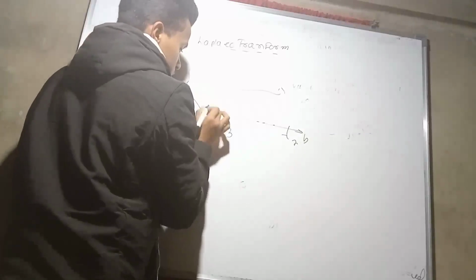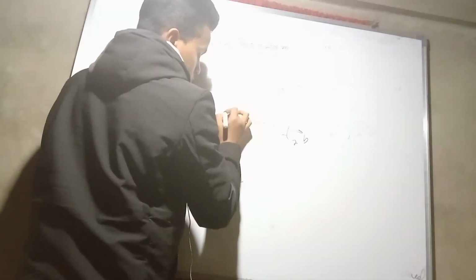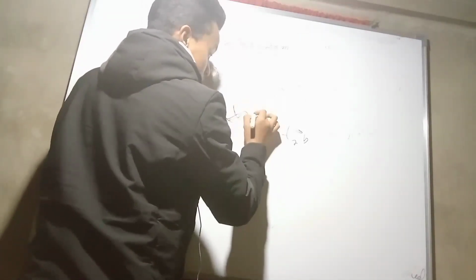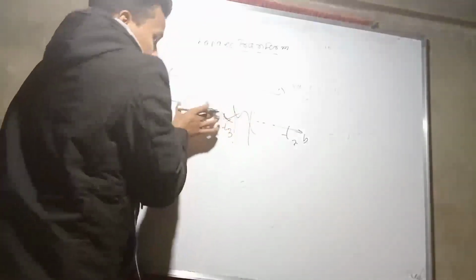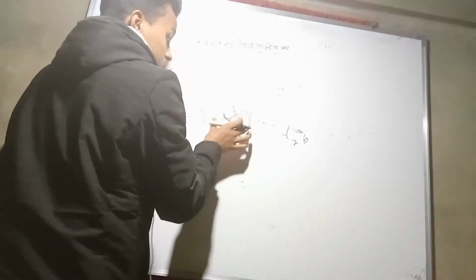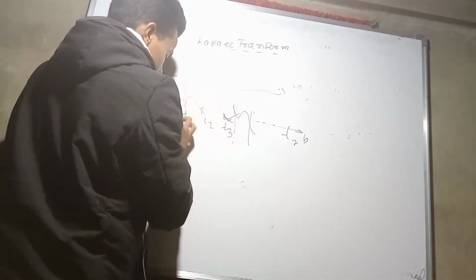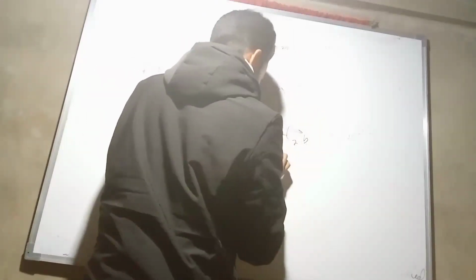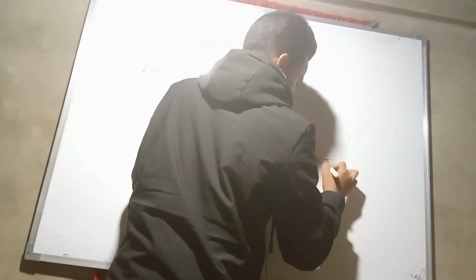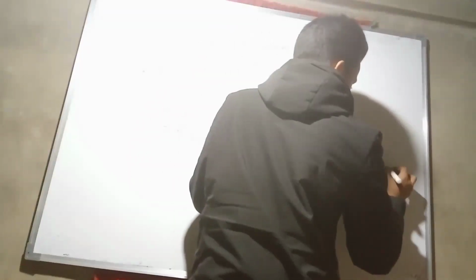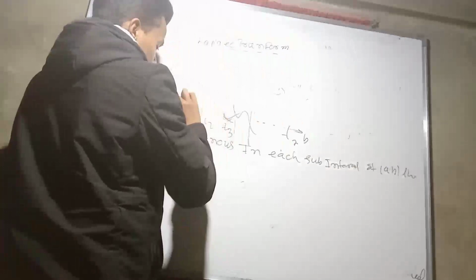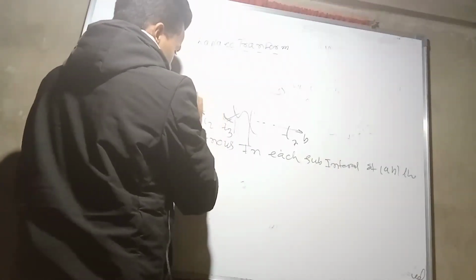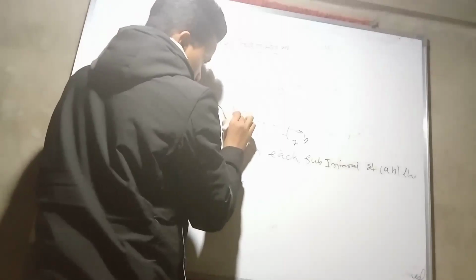If there is a curve such that it is continuous in each subinterval of a b, then we say that it is piecewise continuous. It means we can draw a graph like that. So that is the piecewise continuous definition.